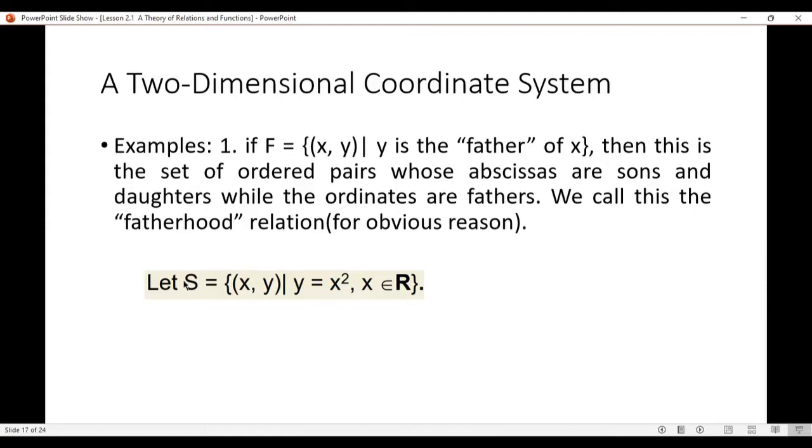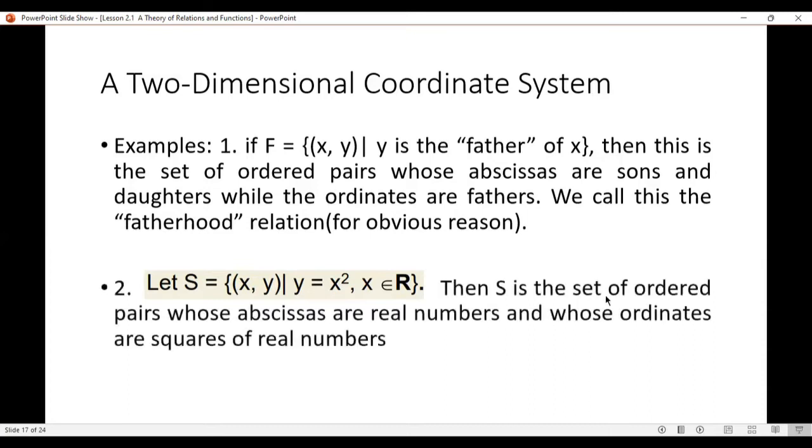Okay, so let S be equal to the set of ordered pairs (x, y) such that y is equal to x squared and x is an element of the real numbers. Then S is the set of ordered pairs whose abscissas are real numbers and whose ordinates are squares of real numbers.